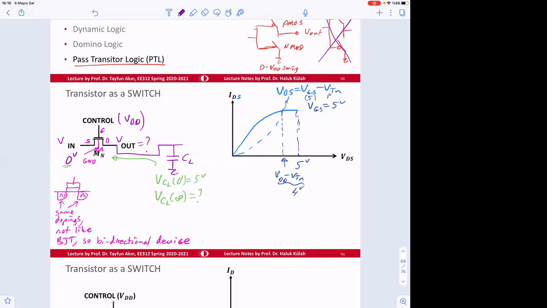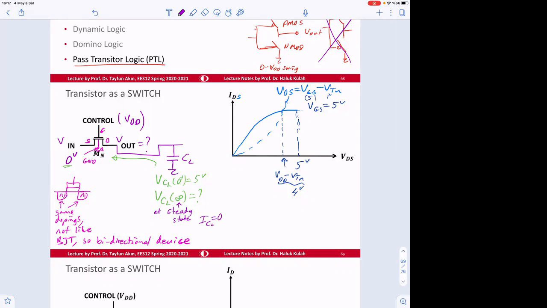So what happens at infinity, at steady state? At steady state, the current here will be 0, right? ICL will be equal to 0.